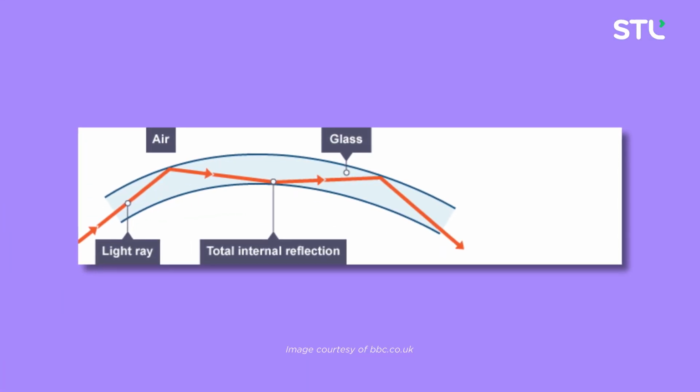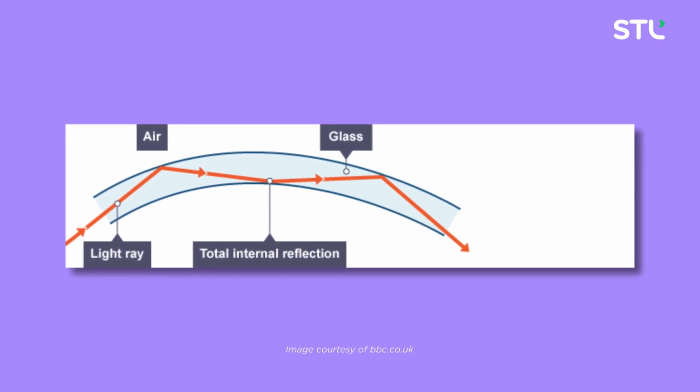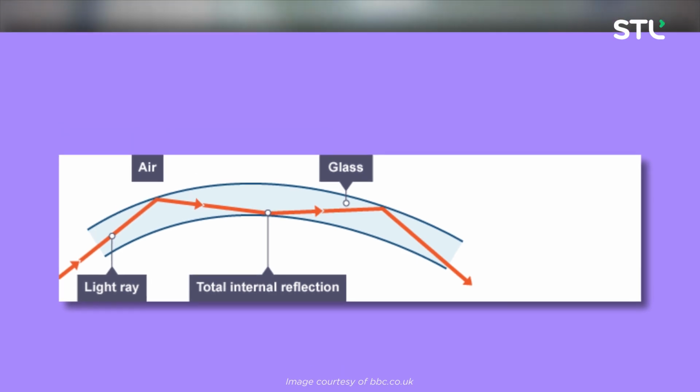The core region has a refractive index which is greater than the clad's refractive index, which means the core region is more dense than the clad region. So this works on a very simple principle of total internal reflection, where the light travels from a denser to a rarer medium and gets reflected internally within the glass.